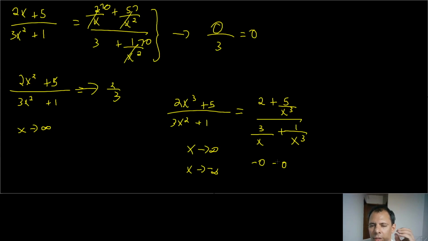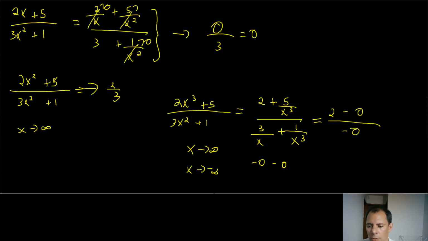So you have a very small negative number here in the numerator. Let's put minus 0 here. And now you got a 2 plus a very small negative number here. But because this negative number is very small, you can put like a minus 0.